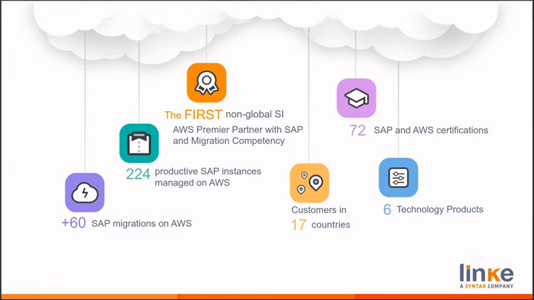We operate in 17 countries, mainly in Europe. And on top of our consulting activities, those years of experience have led us to better understand our customer needs and develop a range of products, basically designed to facilitate access to AWS services directly from your SAP applications.